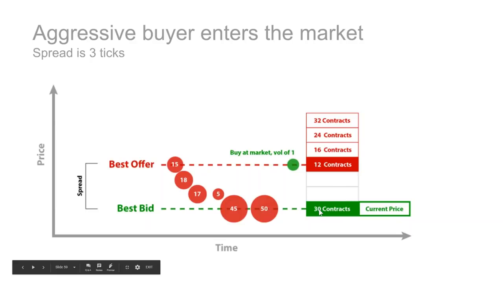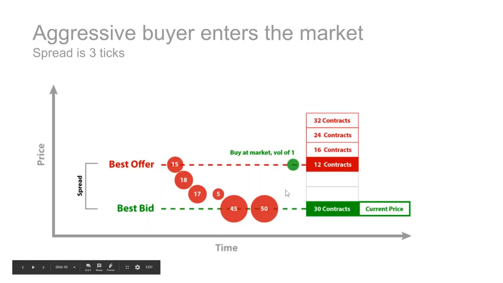Okay, and there are 30 contracts still remaining at that price level. Okay, so let's say someone jumps in now with a market buy volume of just 1. Well, if the spread had widened out after that sweep and remains in that condition, just with a volume of 1, they've moved the price up 3 ticks.